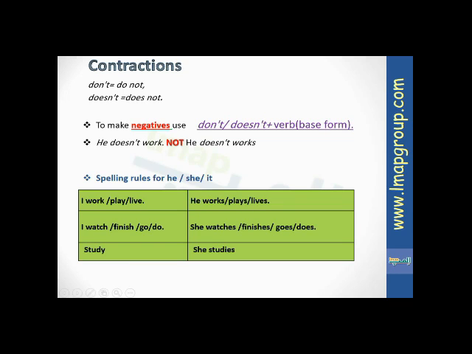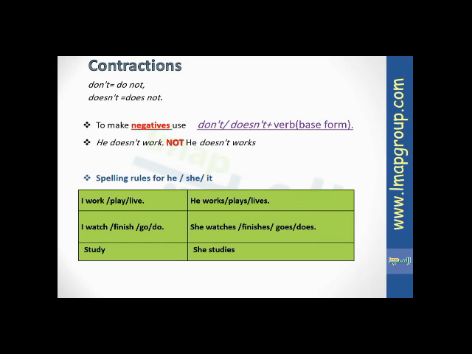Look at the second part of the table. به دومین قسمت جدول نگاه کنید. She watches. She finishes. She goes. She does. Okay? ببینید بعد از این مثال ها مثل watch, finish, go, does برای اینکه اس سوم شخص بهشون اضافه بشه باید یه e هم قبلش بیاد. اوکی؟ Spelling point، نکته املایی.